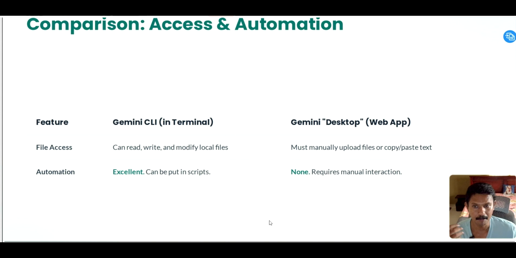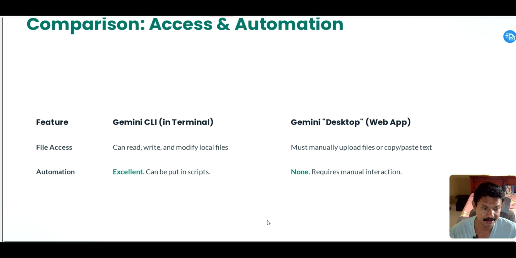Now if you compare access and automation, in Gemini CLI, for file access, it can read, write, and modify local files. Whereas in Gemini Desktop, you have to explicitly and manually upload the files or copy paste the text content. From an automation perspective, the CLI is excellent.